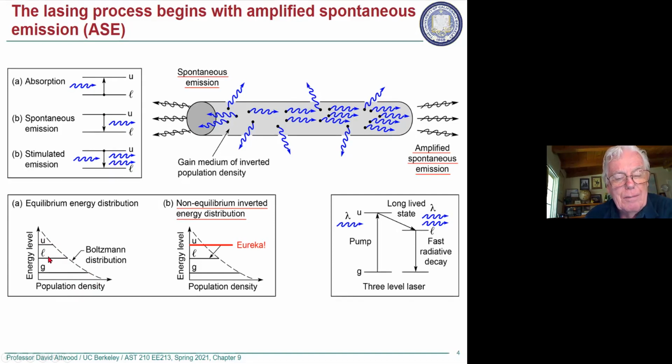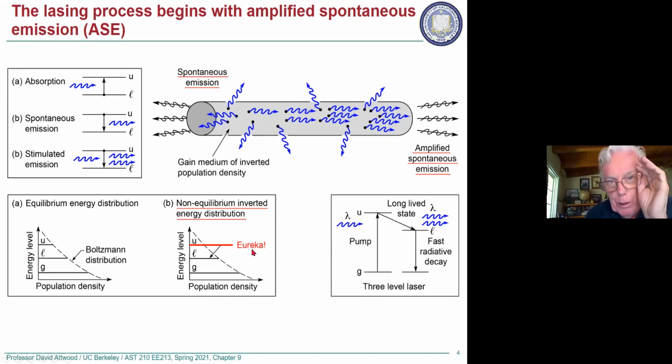So you need a non-equilibrium, inverted energy distribution. So you have the possibility of having more atoms going from the upper level to the lower level. Here, you would have the possibility of more going from the lower level, being absorbed, an absorption process, making the atom go from the lower level to the upper level. And, okay, that's not helpful. You want more going this way.